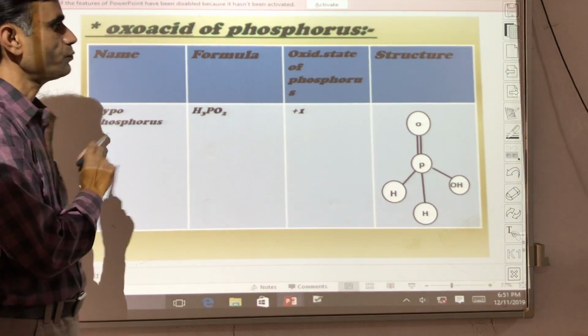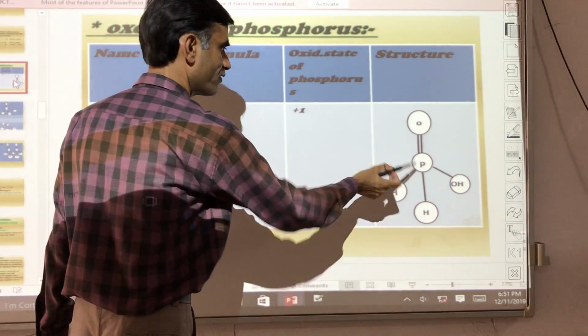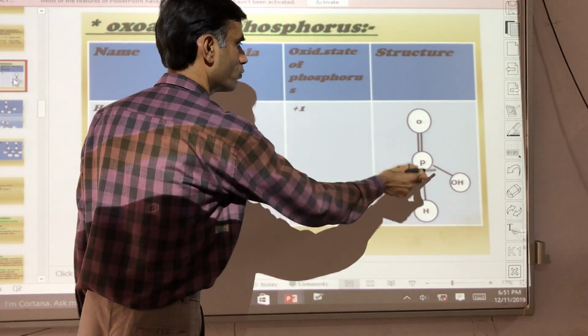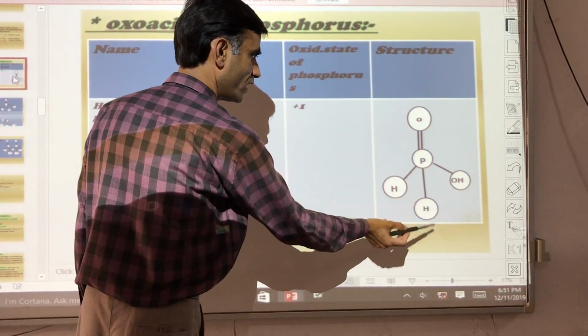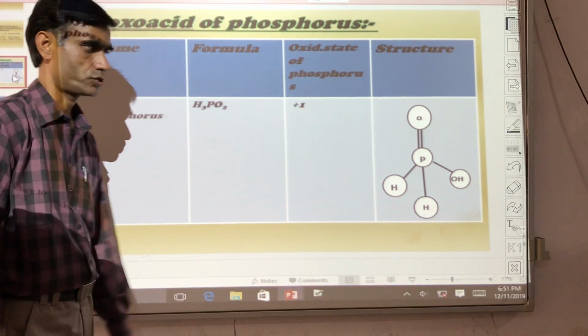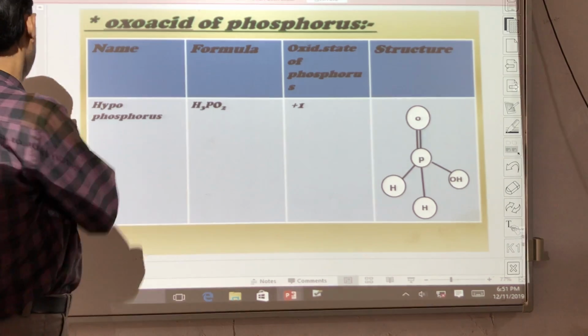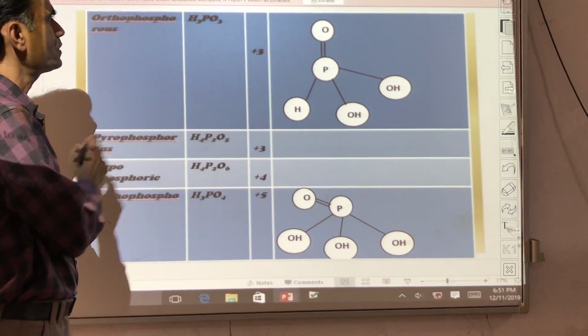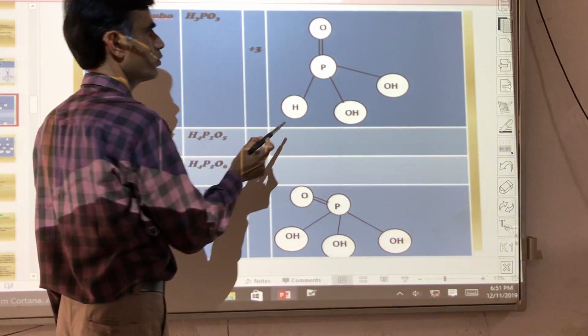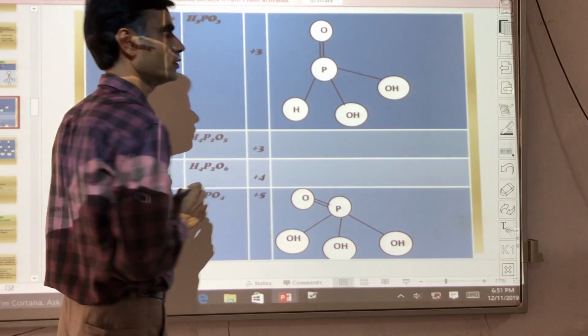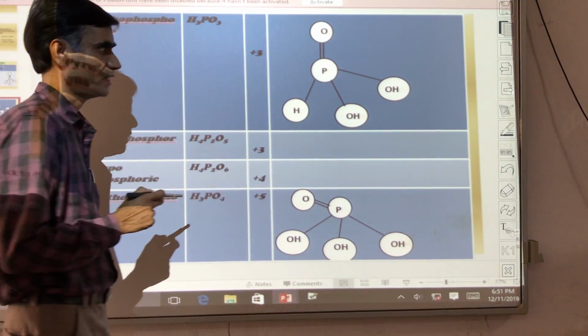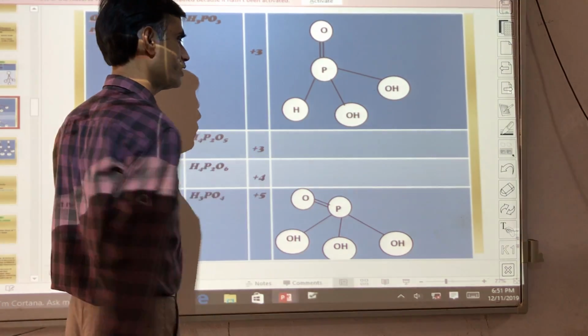In case of H3PO2, what do you observe? Phosphorus has valency 5, 1, 2, 3, 4, 5. We have only one OH attached from which hydrogen can be removed, and therefore it is monobasic. Whereas in case of H3PO3, we have 2 OH bonds attached and 2 hydrogens can be removed, so it is dibasic.